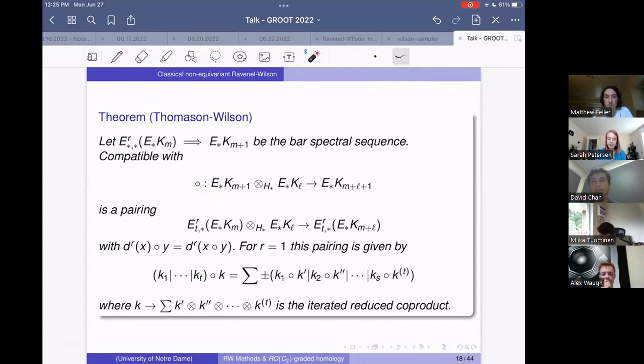There is a pairing going from the bar spectral sequence tensored with some homology that we might know to the bar spectral sequence for BKm plus L. And moreover, this pairing has a very explicit formula on the E1 page, which can be computed using the iterated reduced coproduct. So it's something very tangible that you can write down.